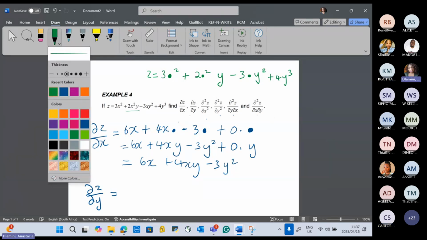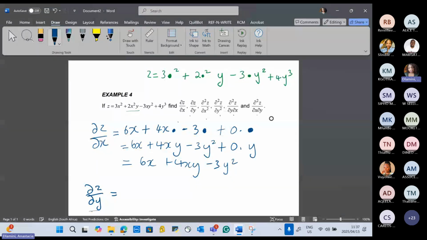Okay, so now remember, because we are looking at the partial derivative with respect to y, there's no y here. Do we all agree? It's a constant. So we are differentiating. What is the derivative of a constant with respect to y? It's 0.